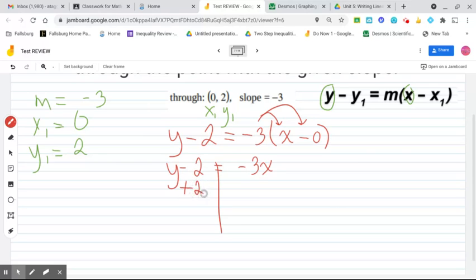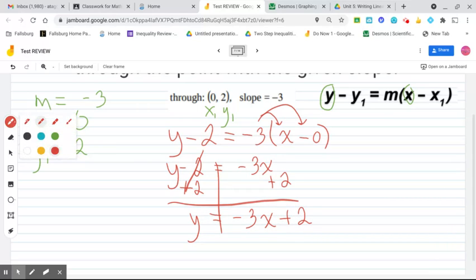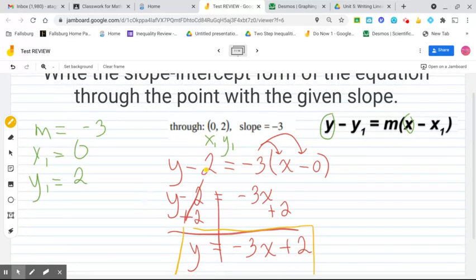So the opposite would be to add 2 to both sides. Negative 2 plus 2 cancels, and I'm left with y equals negative 3x plus 2. And that's it. That's our final answer. y equals negative 3x plus 2 is the formula of the line that goes through the point 0, 2 and also has a slope of negative 3.